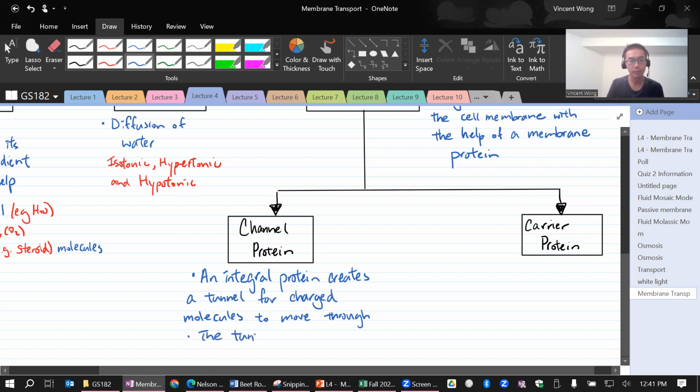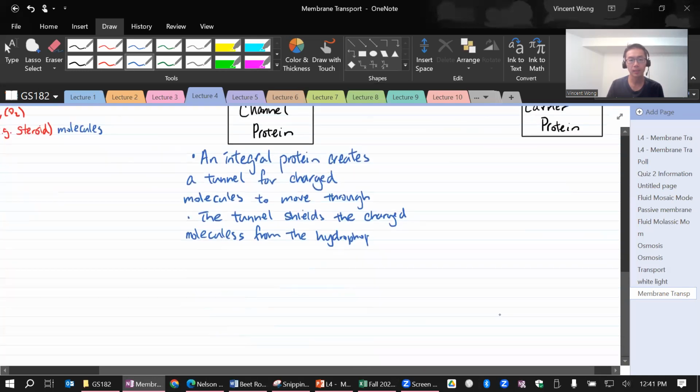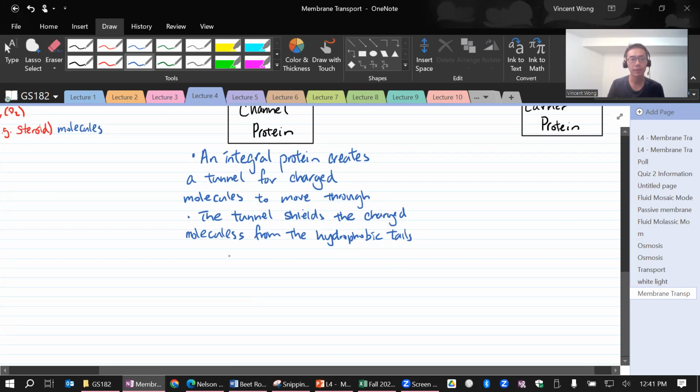The tunnel shields the charged molecule from the hydrophobic tails of the cell membrane. Okay.